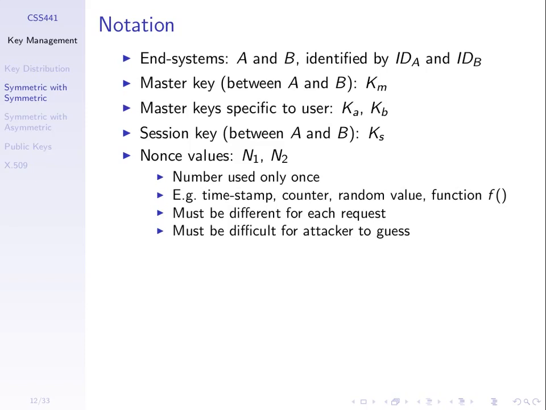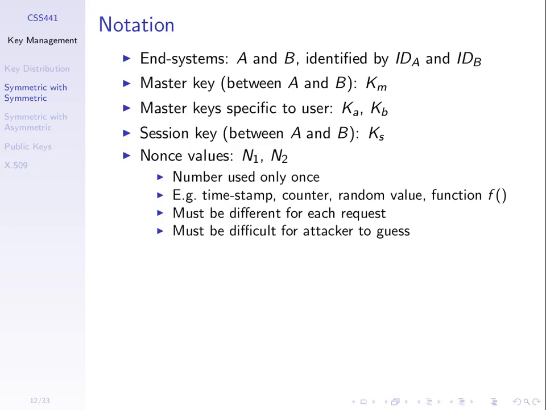Why do we use it? Commonly to stop replay attacks. I send a packet. I include a number used only once in that packet. If I want to do a similar thing later, then the nonce value will be different, and the receiver will be able to distinguish that this second instance of the packet is different.